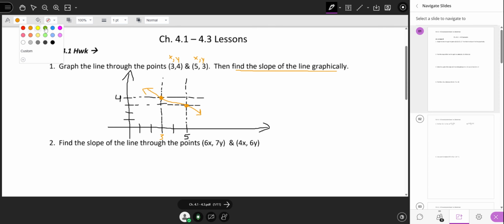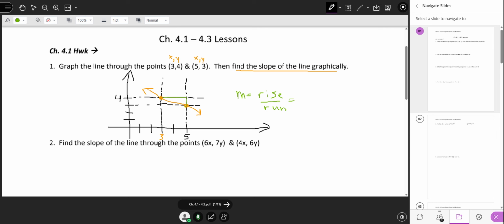Well, when you do this, you draw this little triangle. And remember this, graphically, slope is rise over run. That would be your y values over your x values, or your y direction over your x direction.